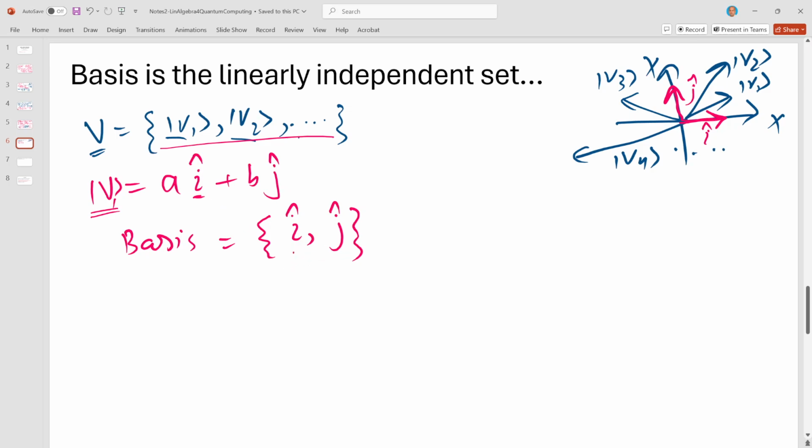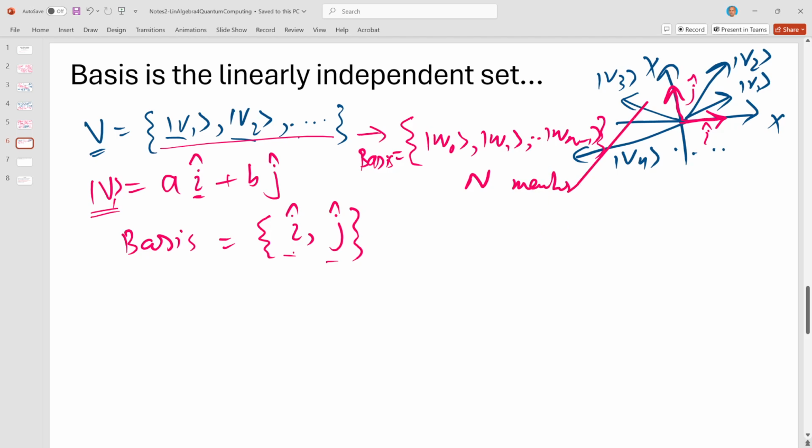So for this two-dimensional space, there are two vectors in this basis. In general, let's say we have a vector space V. This can have a basis set that has W0, W1, all the way to Wn minus 1. So it has n members.